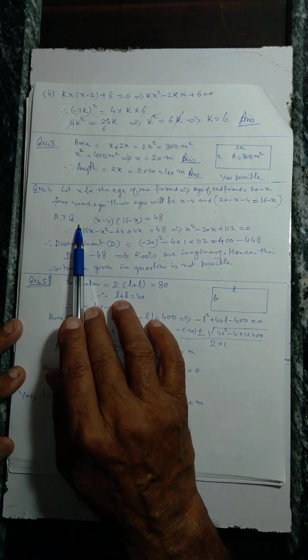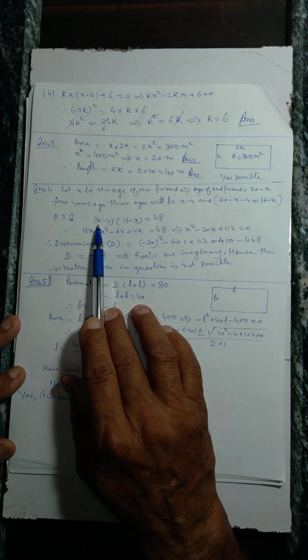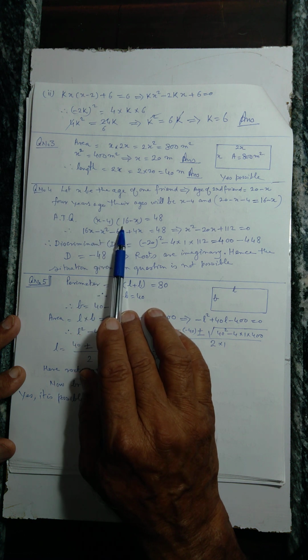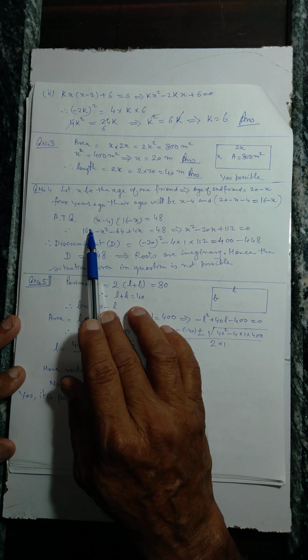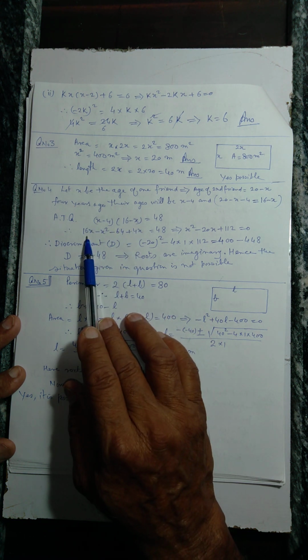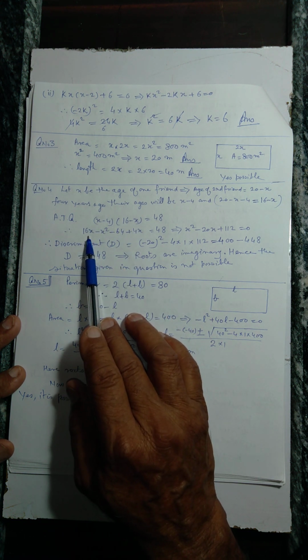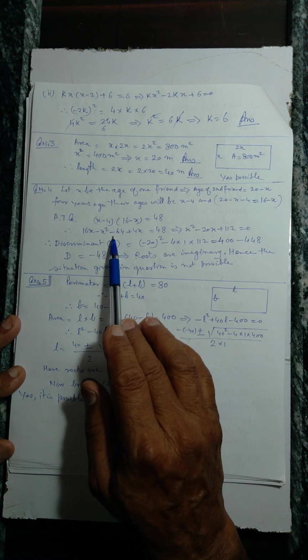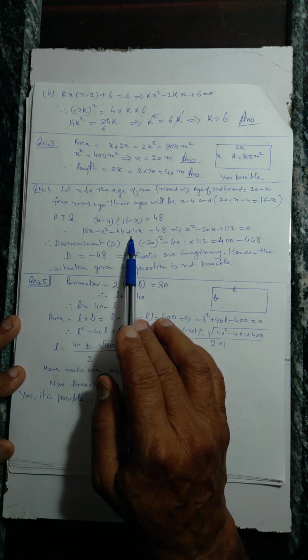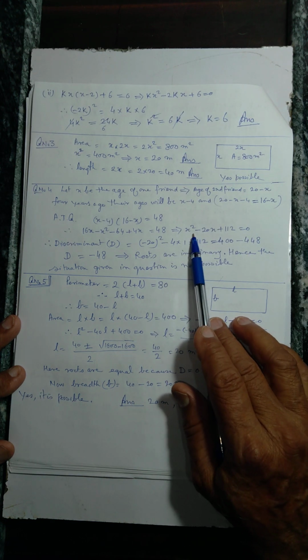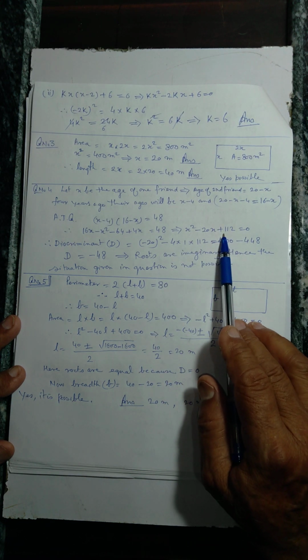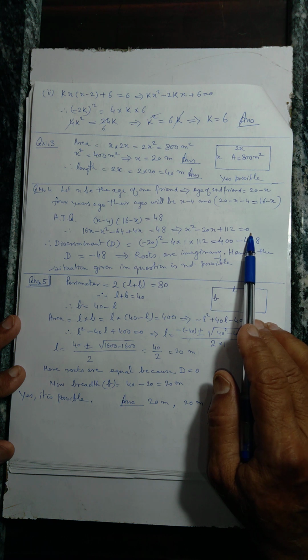So according to the question, product of their ages means x minus 4 into 16 minus x should be equal to 48. So I have multiplied it. I got 16x minus x square minus 64 plus 4x, that is equal to 48. So x square minus 20x plus 112 equal to 0.